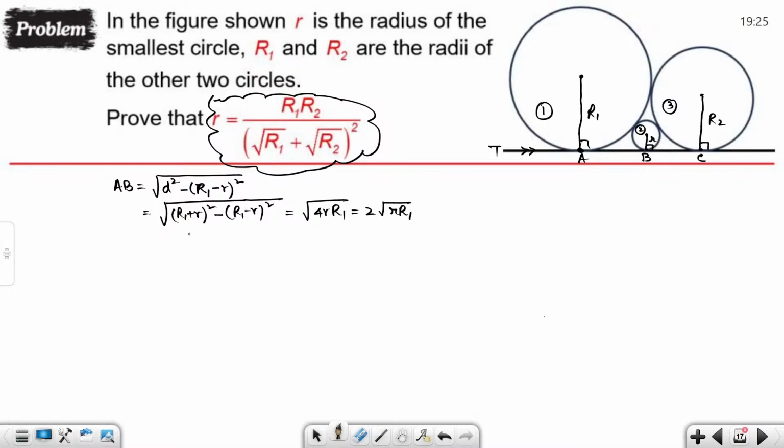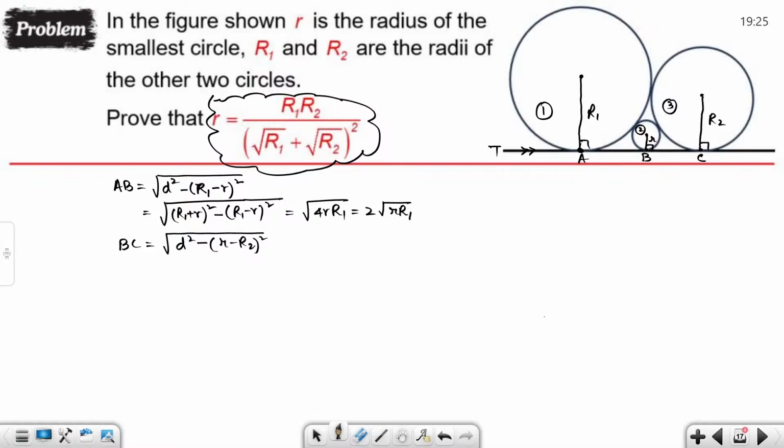Again, BC is the length of the direct common tangent for the circle 2 and 3. So in this case, your BC will be what? It's again d square minus (r minus r2) whole square. Am I correct?